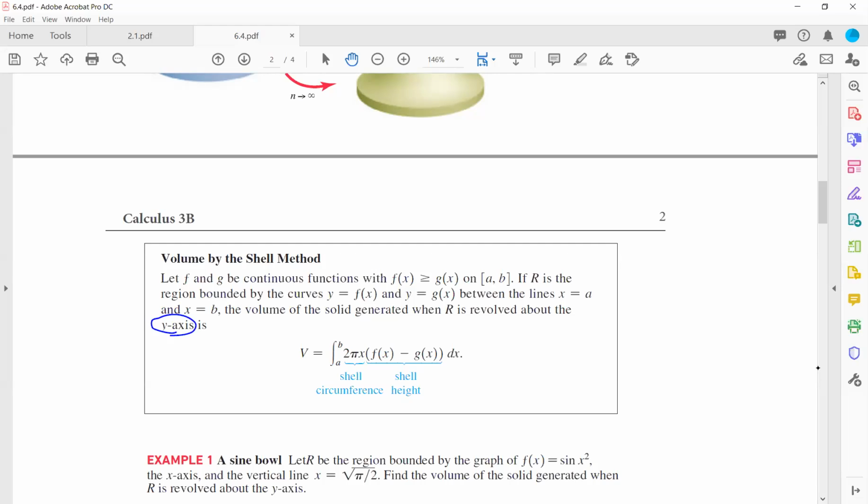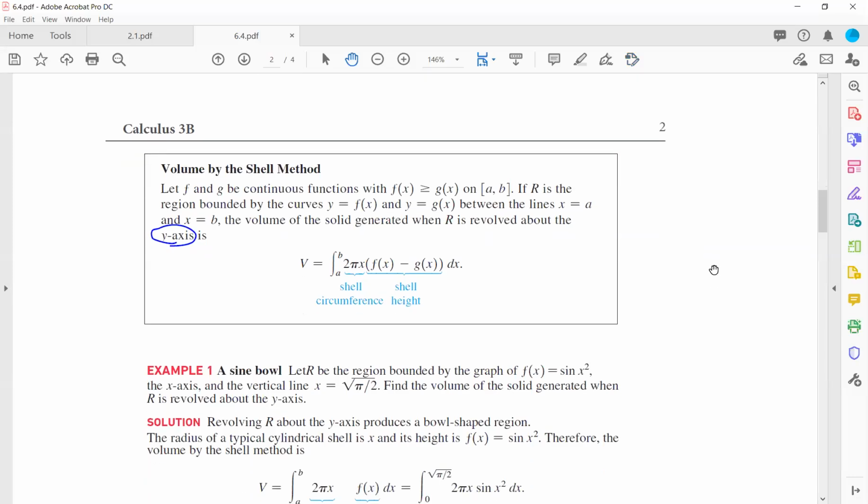First, we take the difference between f and g. Remember that if you don't know which function is the upper function, you can always use absolute value. You multiply the difference by 2 pi x and take the integral to find that volume.